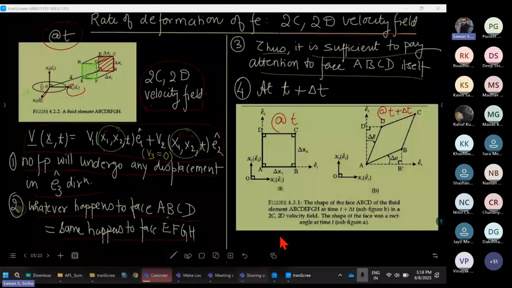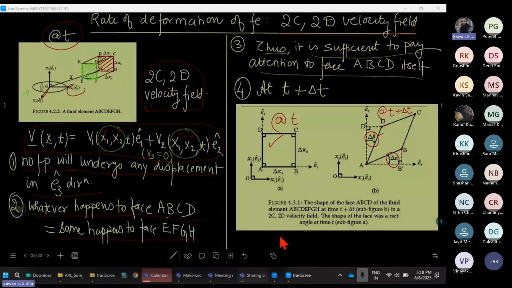At time t, this was a rectangle, and at time t plus delta t, it gets distorted. All the fluid particles move to some new locations. Now on this figure, I am marking two angles, delta alpha and delta beta.